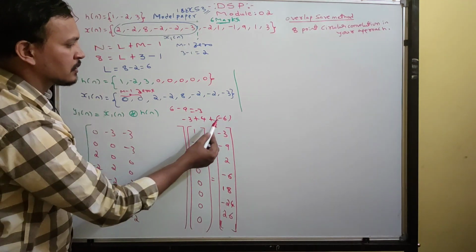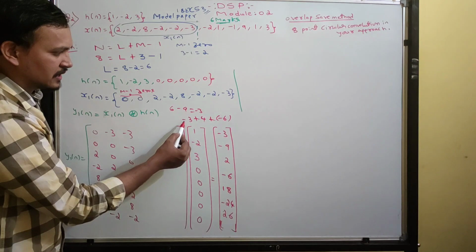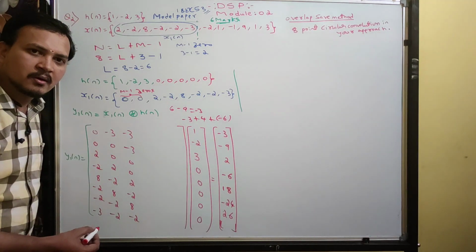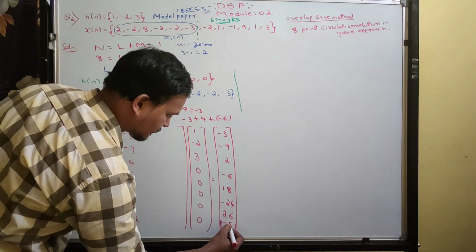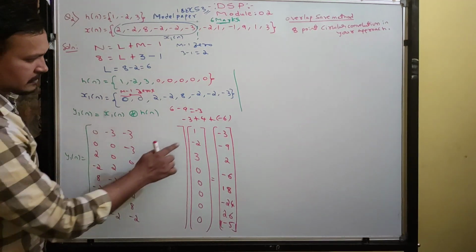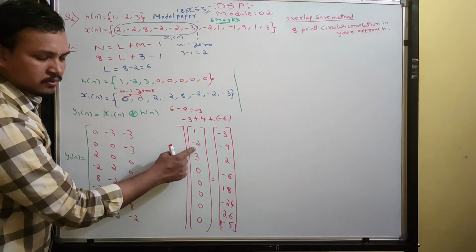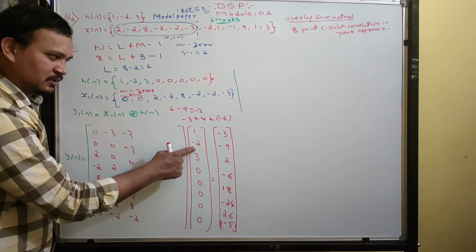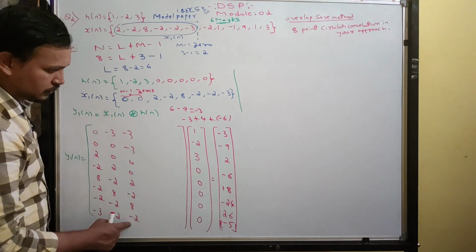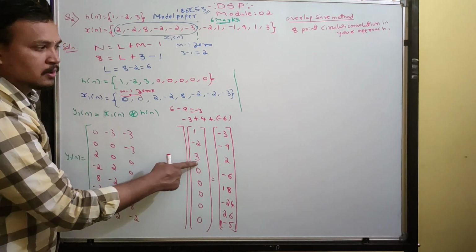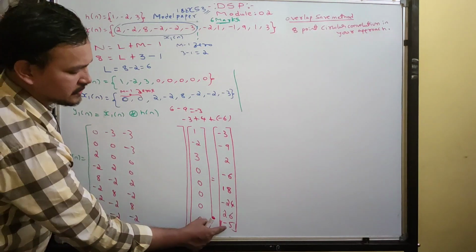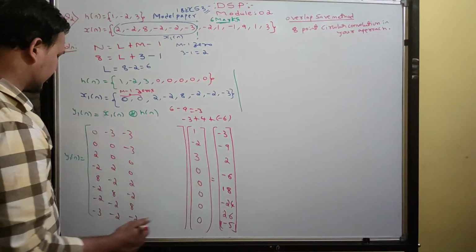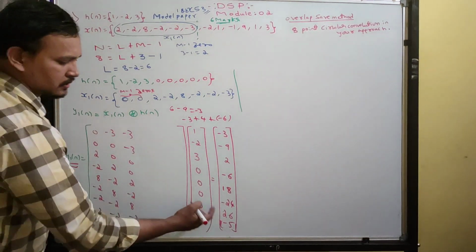Add it. Minus 6 minus 3, minus 9. Minus 9 plus 4, minus 5. Once again, 3 into 1, 3. Minus 2 into minus 2, 4. Minus 3 plus 4, 1 only. Next, 2 into minus 2 into 3, 6. 1 minus 6, minus 5. So this is your first output. Y1 of n is this much.